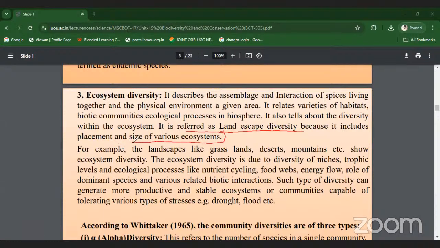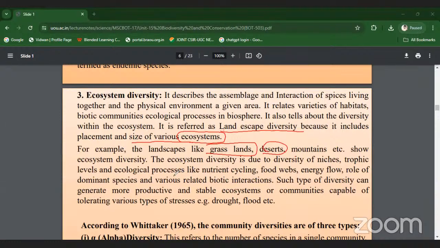Now we are taking not only the species level or gene level, but one entire ecosystem, for example, grassland ecosystem, desert ecosystem, mountain ecosystem. You can take different types.